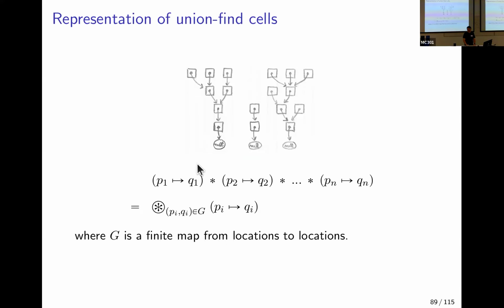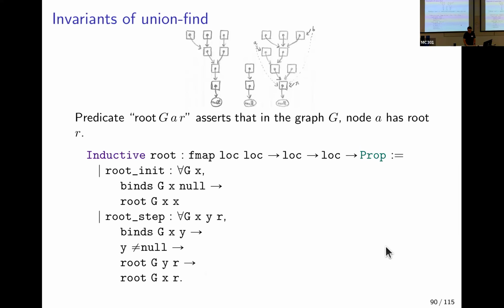So if you want to represent this, you have to do some iterated separation of all of the nodes. You can formalize this when you iterate on a finite map. It's awkward, but you can do it. And then you need some pure predicates to say what is the root of something.